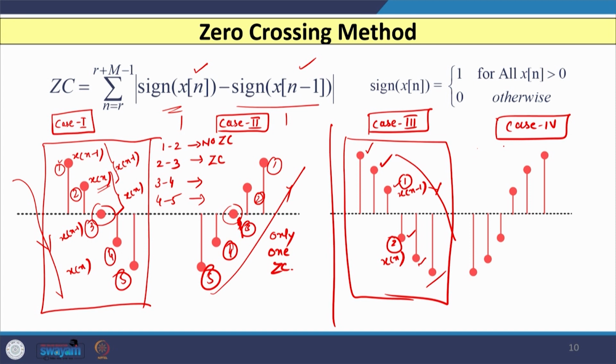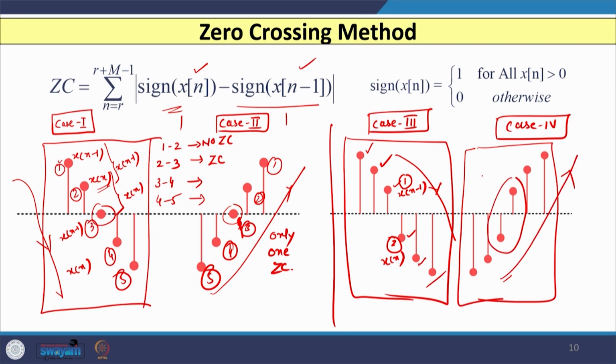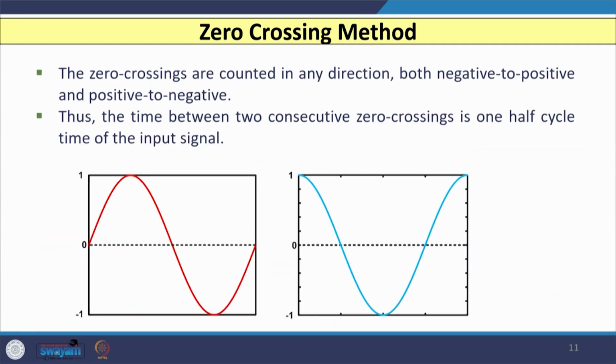Similarly, if you take the same window, but you are moving from negative to positive, then also for these two samples only you will get the zero crossing. So, what we have considered and found is that the zero crossings are counted in any direction, you can move from positive to negative or from negative to positive.